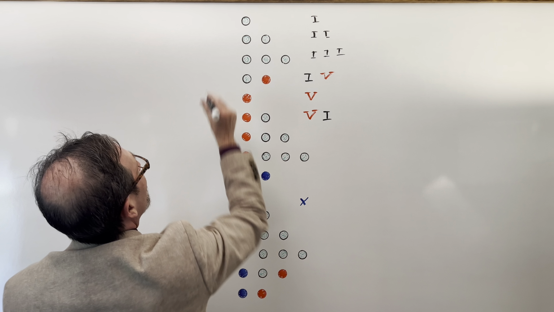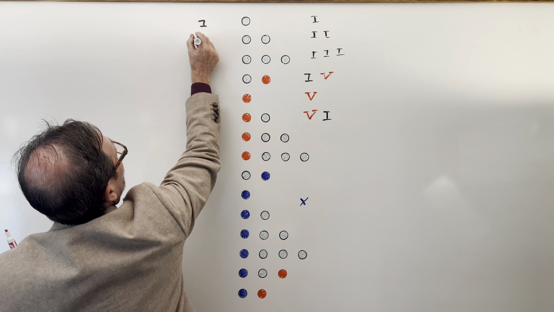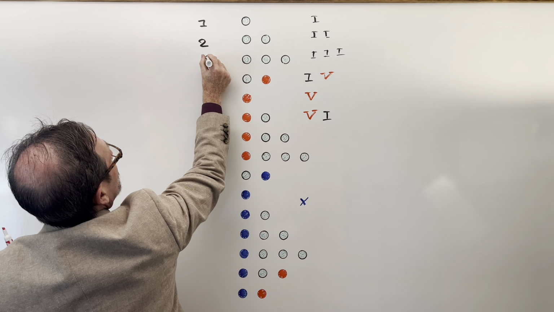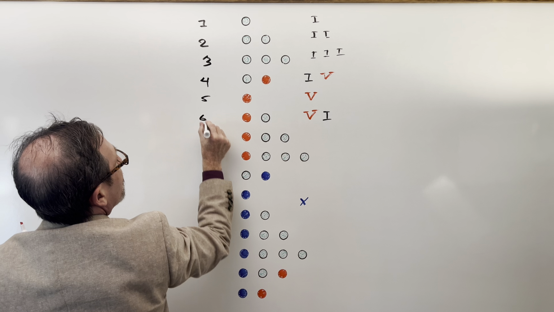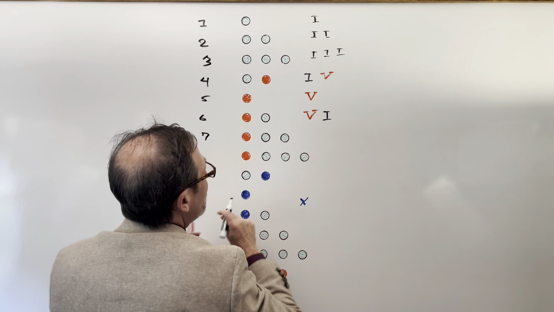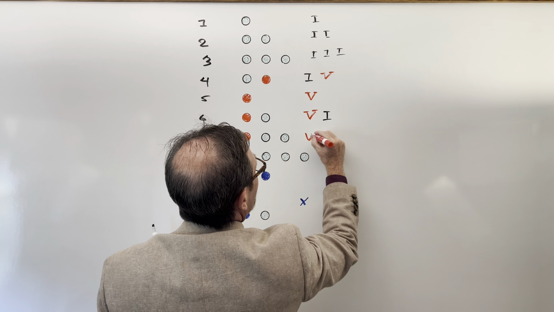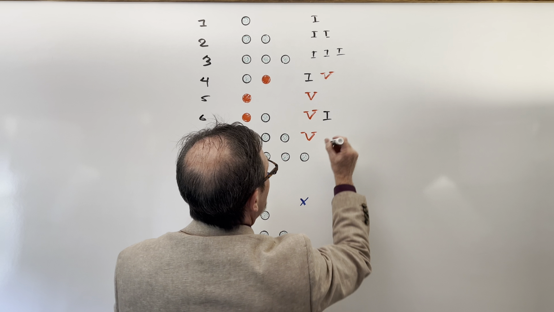And so on. So we could say 1, 2, 3, 4, 5, 6, 7, right? And that would be our V.